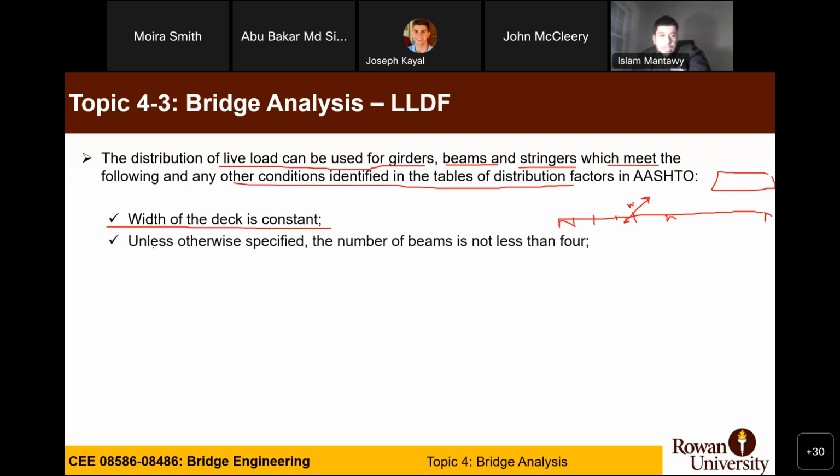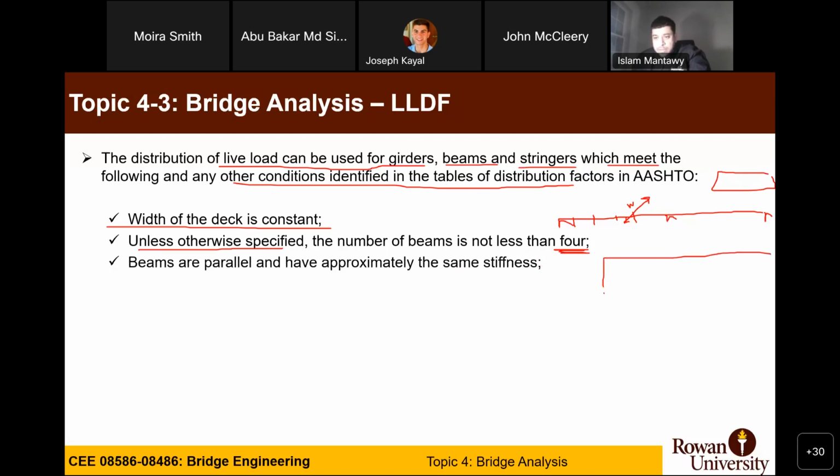Second assumption, unless otherwise specified, the number of beams is not less than 4. Beams are parallel and have approximately the same stiffness. So if you have a plan view, as we're going to see later when we do the project, let's say this is abutment 1, this is pier 1, and this is abutment 2. This is a plan view, and those are your girders.